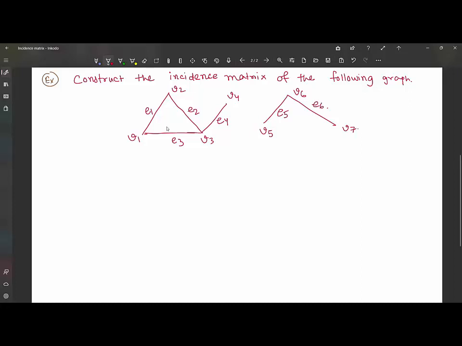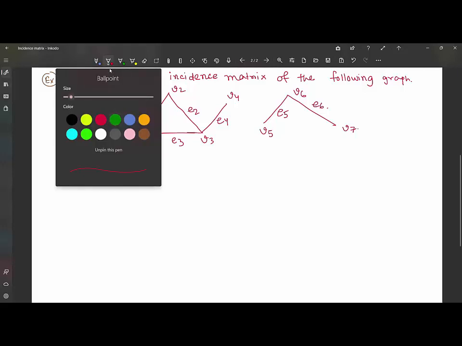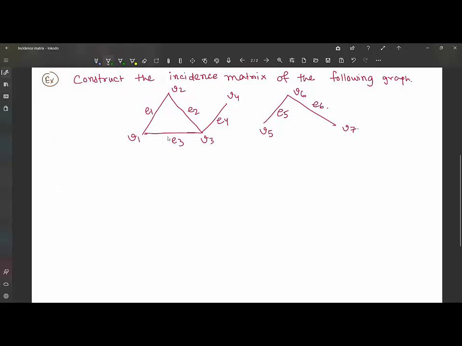Here you can easily see that this is an example of a disconnected graph, because this is G1, one connected component, and this is G2, another connected component of the whole graph. So let G be the whole graph, and you can see that these two are the connected components G1 and G2. Now you can easily calculate the incidence matrix for G1 and for G2.